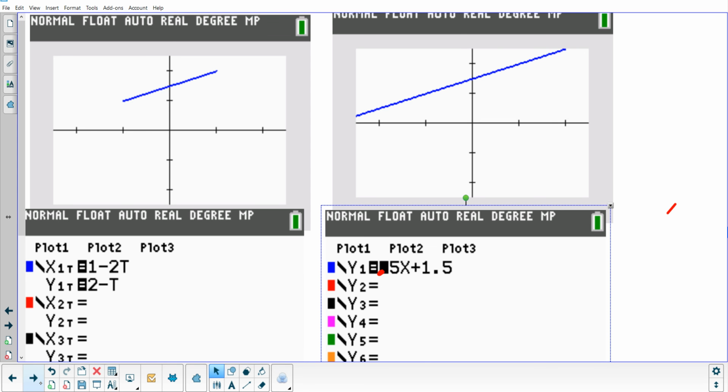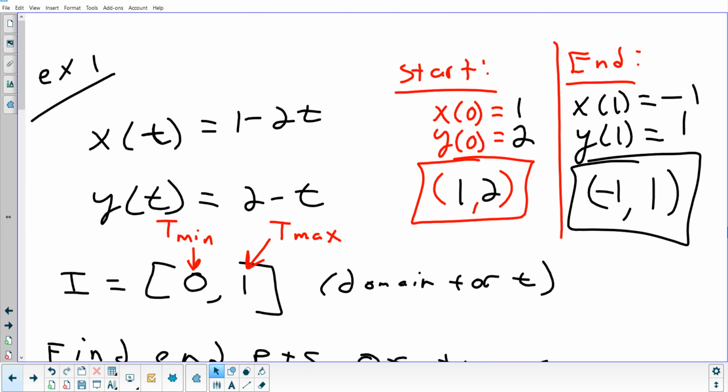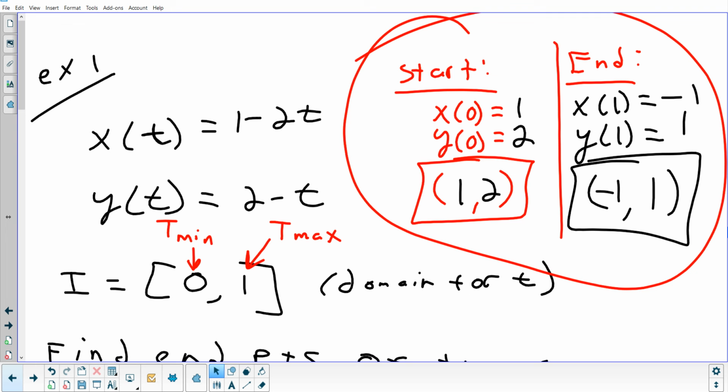So, do those two pictures look identical? Francesca? One's just longer than the other. Yeah, this one is longer on the right. It should stop here and here. How do I know where it should start and where it should stop? What we did earlier.